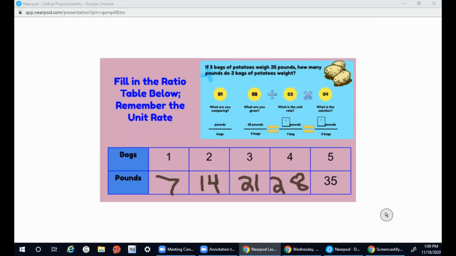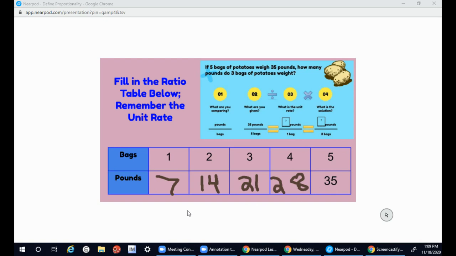Now I want to hear from you in the chat. You can just say me if that applies to you. I want to know how many of you took what we had, found the unit rate, and then just added 7 every time. How many of you said, for 1 bag it's 7, so as I'm going up bags, I'm going to add 7, add 7, add 7, add 7?